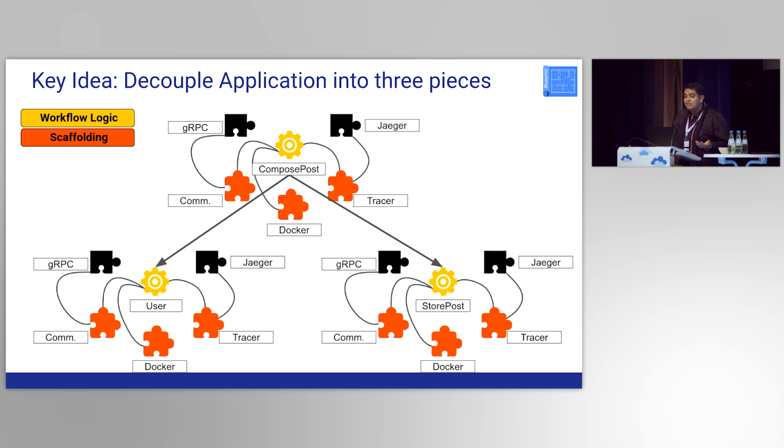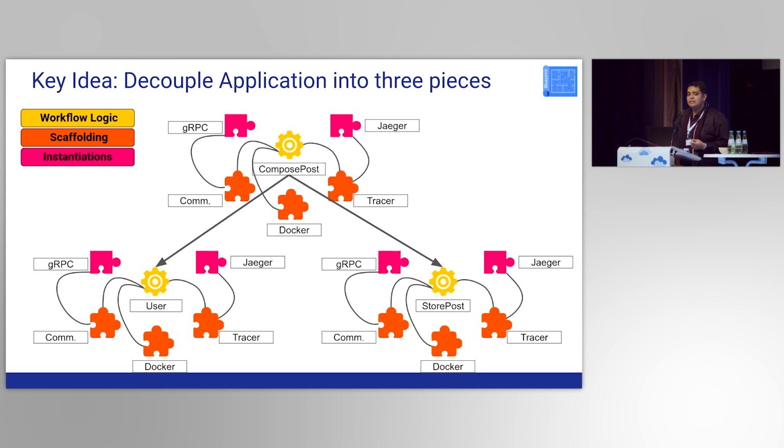The second piece is the scaffolding. This is the collection of backends, frameworks, and libraries that orchestrate execution. Additionally, this also includes features such as tracing, replication, timeouts, and any other plugin or feature that one might want to add. The scaffolding logic is completely independent and orthogonal of the workflow and has no impact on the workflow itself.